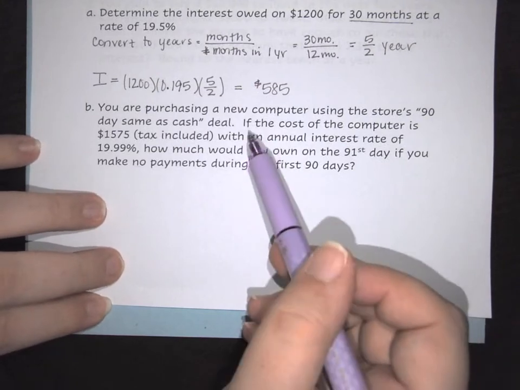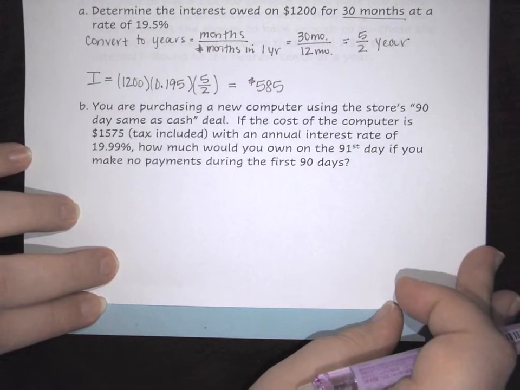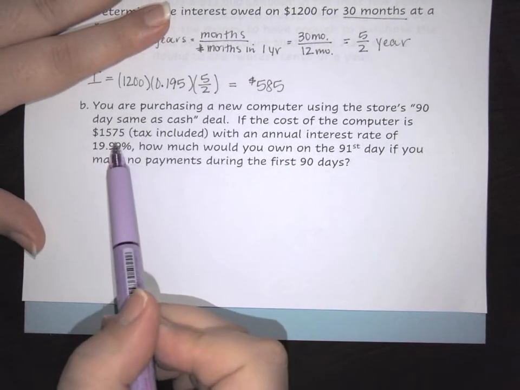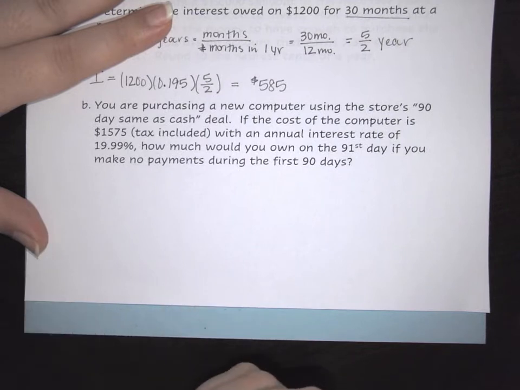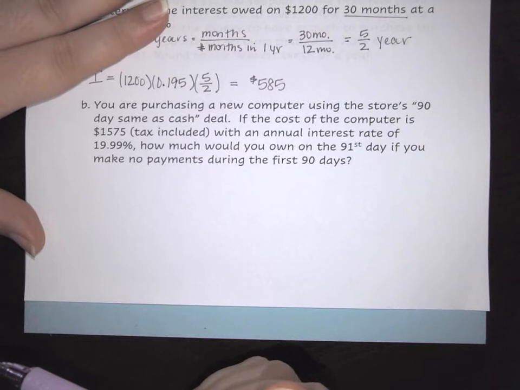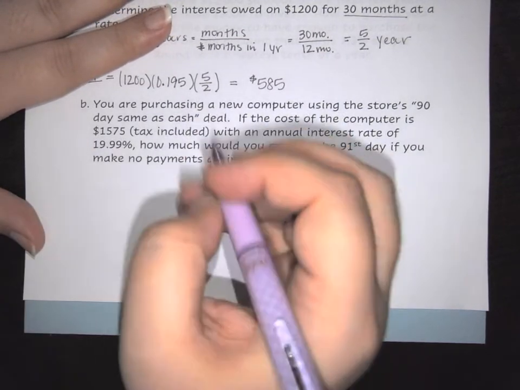Now let's say we're purchasing a new computer using the store's 90-day same as cash deal. If the cost of the computer is $1,575 including tax, with an annual interest rate of 19.99%, how much would you owe on the 91st day if you make no payments during the first 90 days?